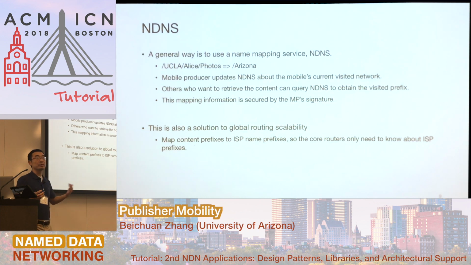Then any consumer interested in retrieving the data can do a lookup, and given this name prefix, they end up with the current prefix of the visited network. So with this general name mapping service, you can find out where to retrieve the content in the latest situation. We can also apply it to handle the global routing scalability problem, but that's a different issue.